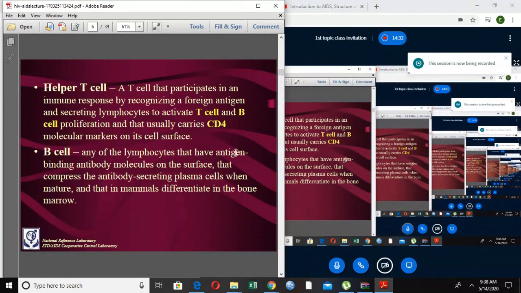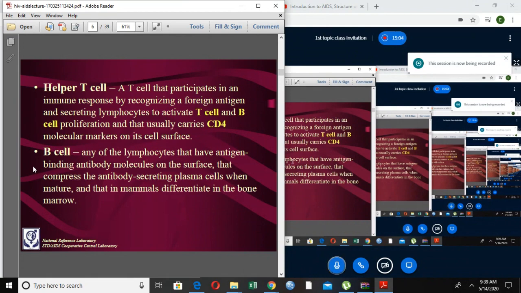Once it is activated, and this activation is through the help of the CD4 cell that is on the surface of this helper T cell, the CD4 receptors of this helper T cell will signal other cells such as B cells that we have a foreign thing or a foreign material or a foreign microorganism in our body.